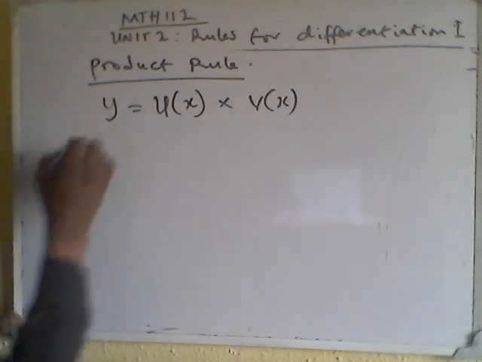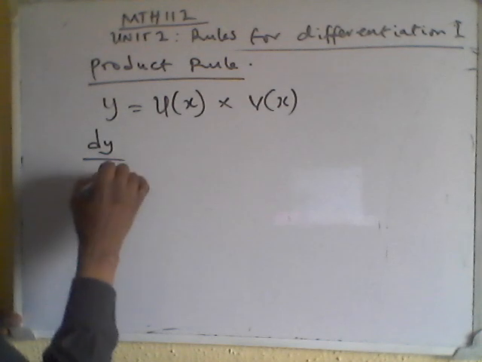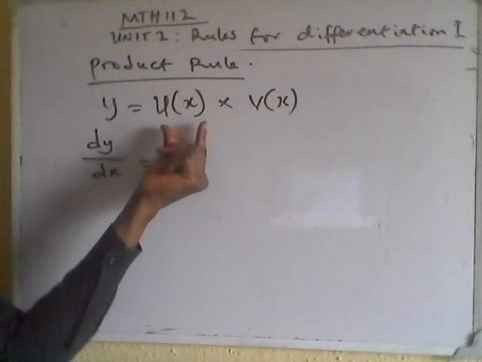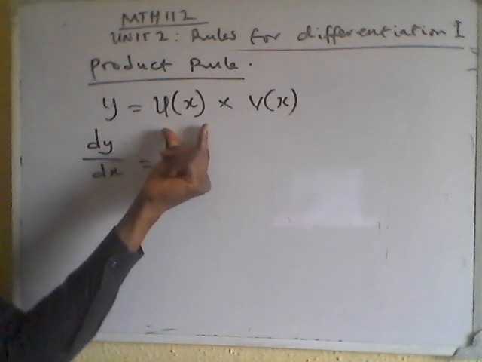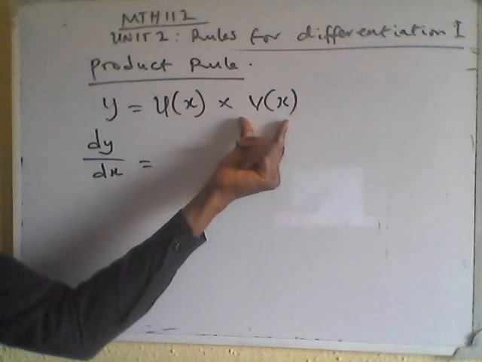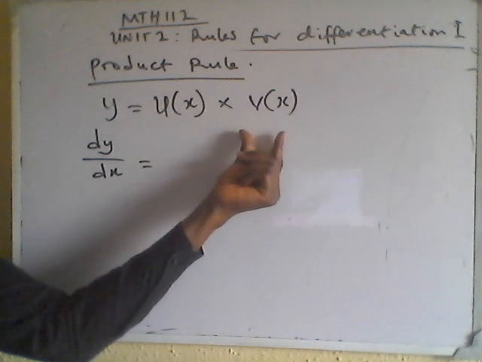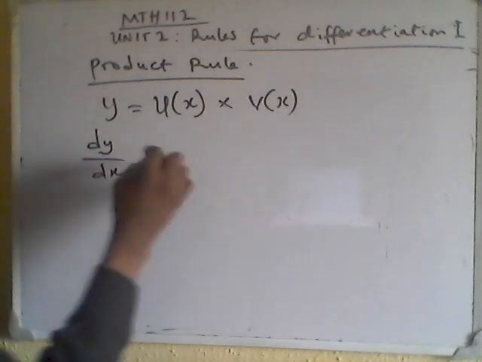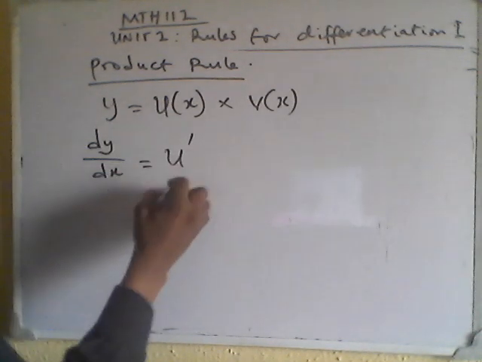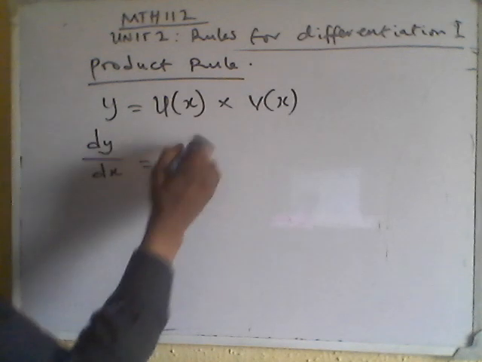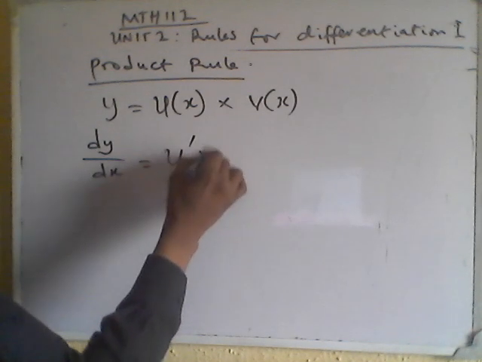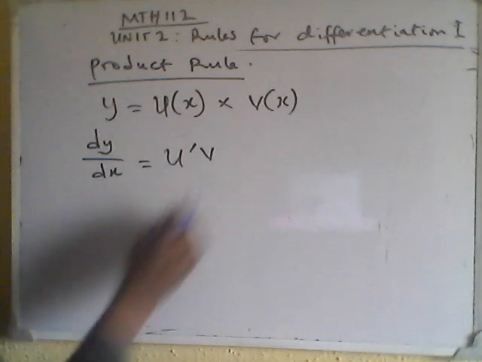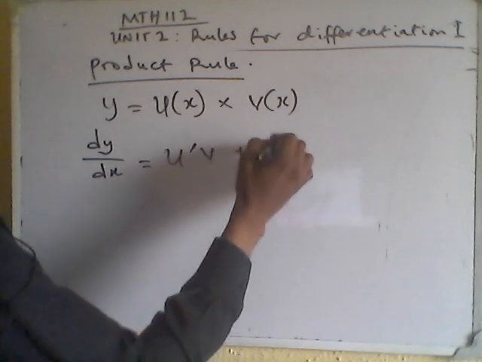Product rule states that dy dx is equals to, I will take this particular function, I differentiate this one and multiply by this. Yes? And I will add, differentiate this, multiply by this. Okay, I'll write it out. So I will say u dv times, my word, du times v, right, plus dv times u.